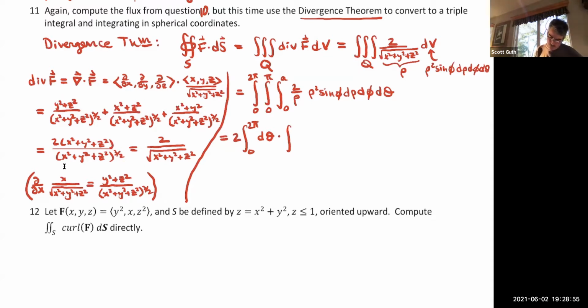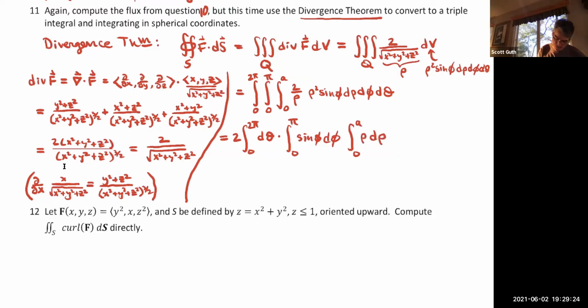And then for phi, I just have a sine phi here, d phi, where phi goes from the North Pole to the South Pole. And then for rho, all that's left is just a rho. So rho goes from 0 to a, and I just have a rho d rho.